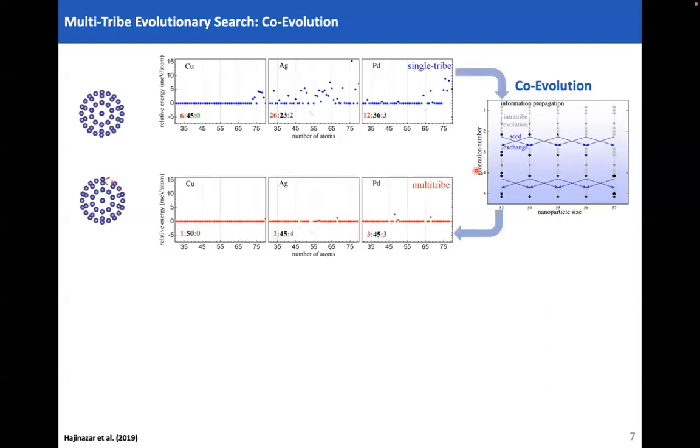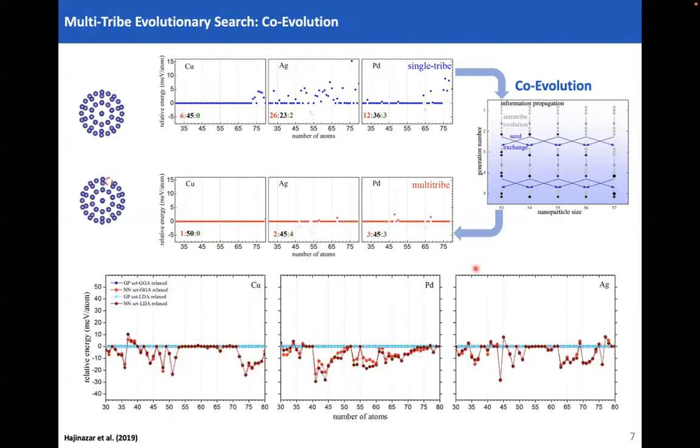Just to show you the outcome, once we did this with everything being the same, we just missed a handful of structures in the same systematic search over the range of sizes for these elements. And further, we compared the performance of this co-evolutionary scheme with machine learning potential and compared that with a fairly popular classical potential, in this case, Gupta potential, for which a systematic study was existing for this particular system.